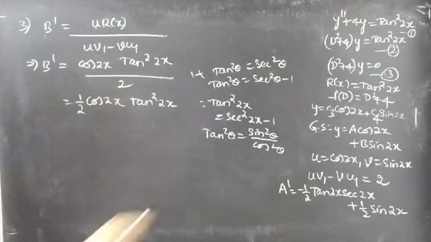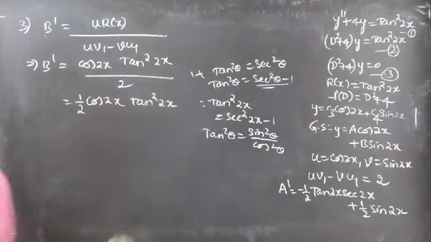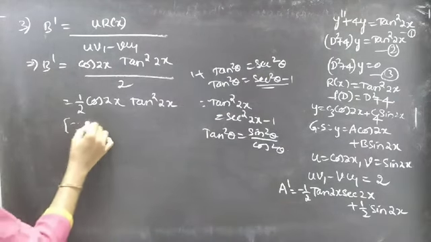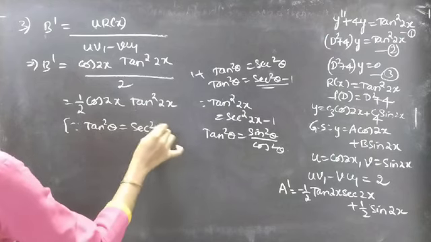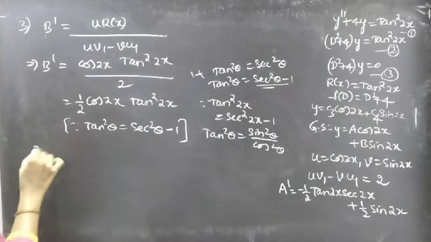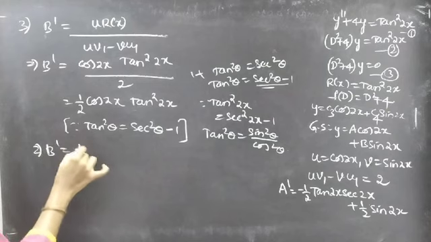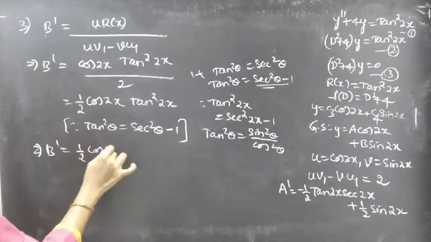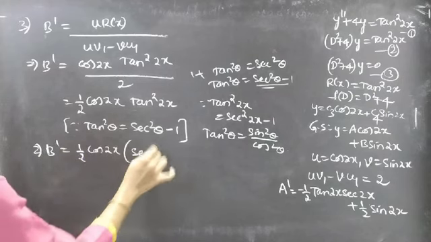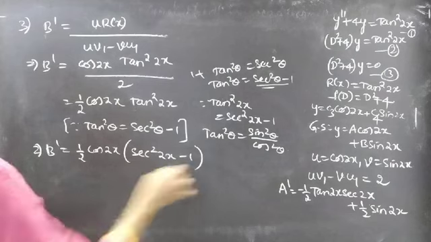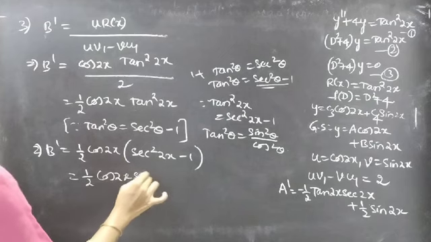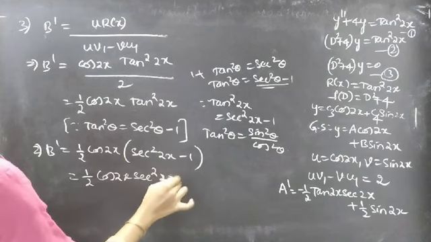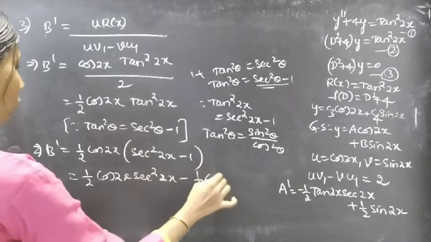Actually both are easy, this one is much easier. So I'll go for secant square theta minus 1. Since tan square theta equals secant square theta minus 1, then b dash equals 1 by 2 into, just replace tan square 2x with secant square 2x minus 1. This equals 1 by 2 into cos 2x into secant square 2x minus 1 by 2 into cos 2x.